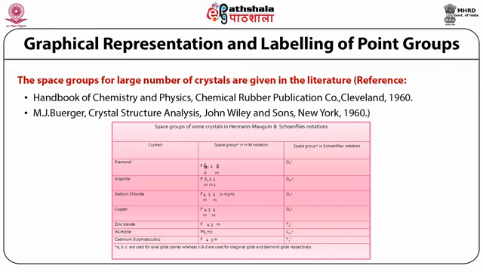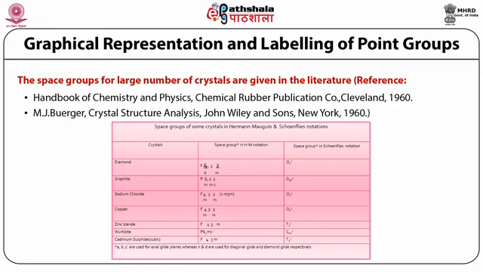Corresponding to it in Schoenflies notation, it is capital O with a subscript h, superscript 5. Zinc blende is another type of crystal whose space group is capital F 4 bar 3 m. The space group in Schoenflies notation for this crystal is given as capital T with a subscript d and superscript 2.